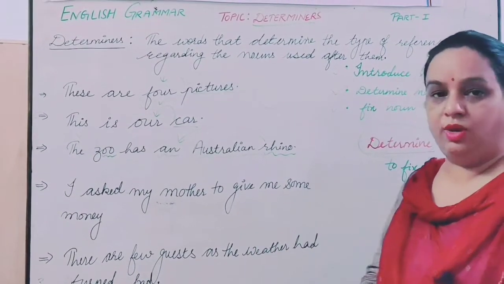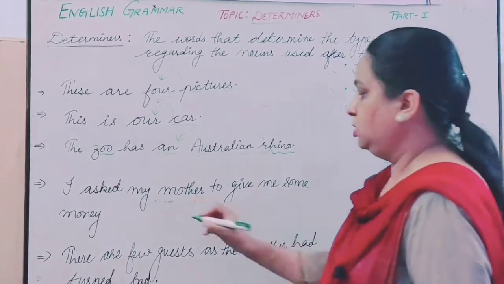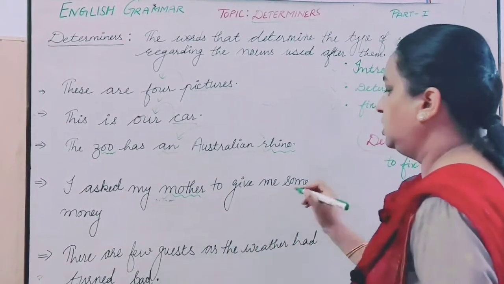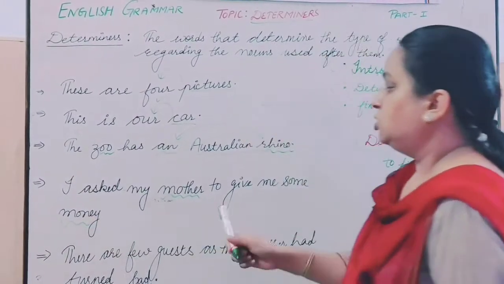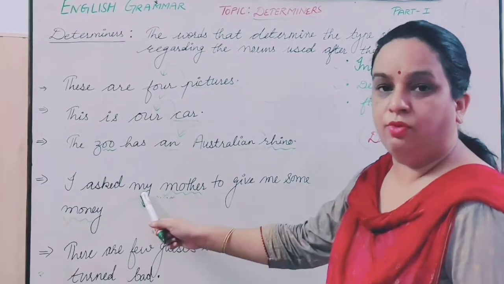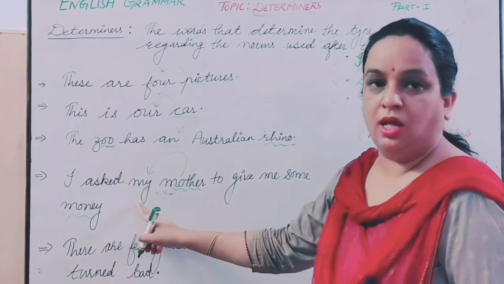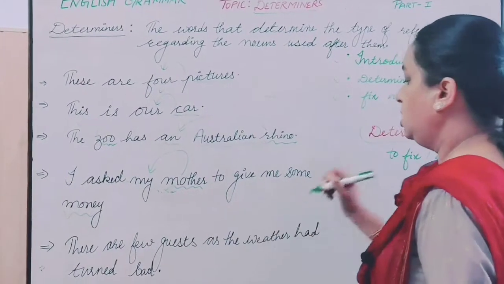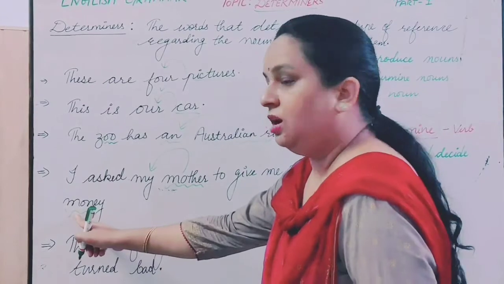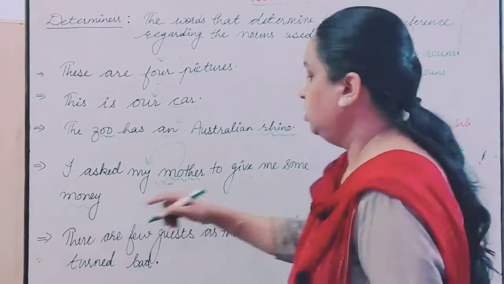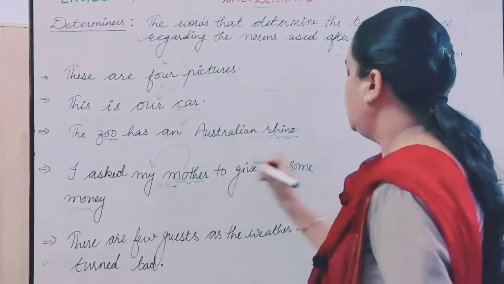In the next sentence, I asked my mother to give me some money. Now here also we have 2 nouns. One is mother and the second one is money. So mother is a noun and before that the word is my, and it is also a determiner. In the second case I have written money. So money is a noun and the word before that is some.